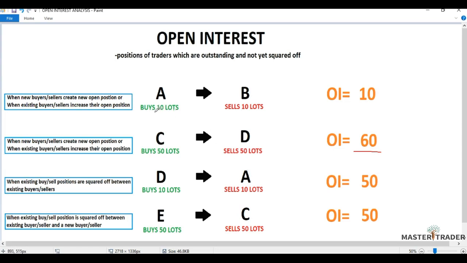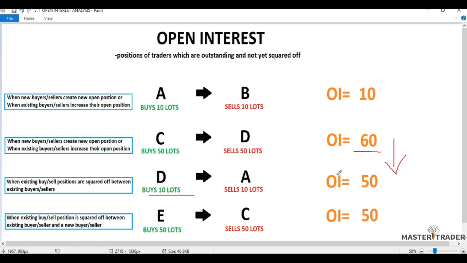Earlier A bought 10, so now A is selling the 10 lots. And who's buying from A? An already existing player. When there's a transaction between existing traders, that will not increase the open interest, that will decrease the open interest, because D is buying the 10 lots from A. So this will reduce the open interest by 10.